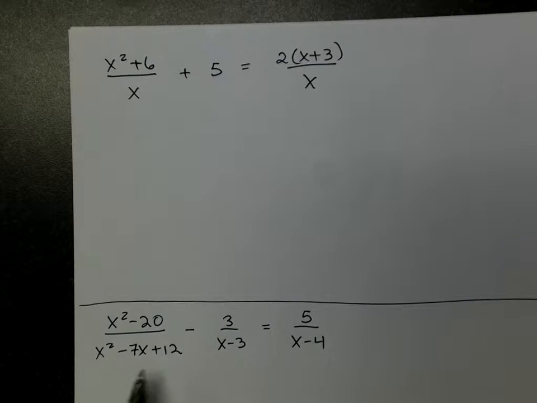This one seems to have more numbers and more mess. I don't want you to stop breathing when you see this. What you've already done is what you're going to do here. These are all the same.